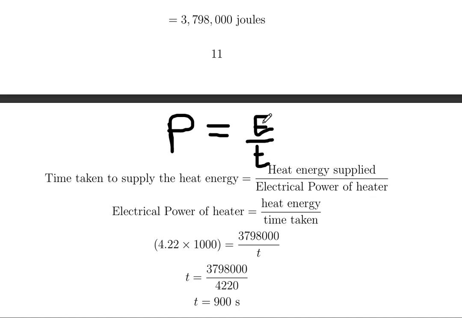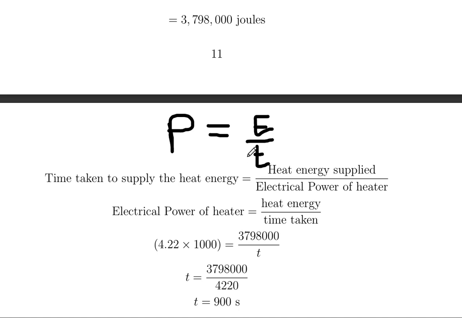And this will imply that our energy, remember what we have gotten is the quantity of heat energy, will basically be the power times the time. Remember the electrical heater, which is rated 4.2 kilowatts, is the one that is heating the water first of all and the saucepan at the same time. So the power being supplied by the heater is equal to the quantity of heat energy divided by the time taken.